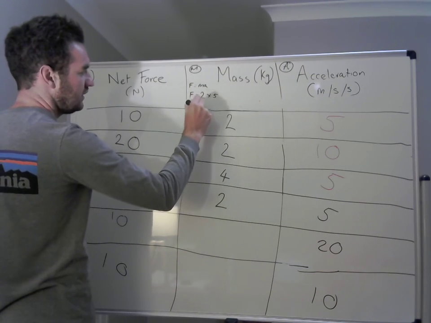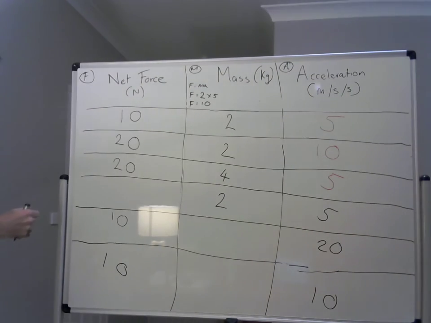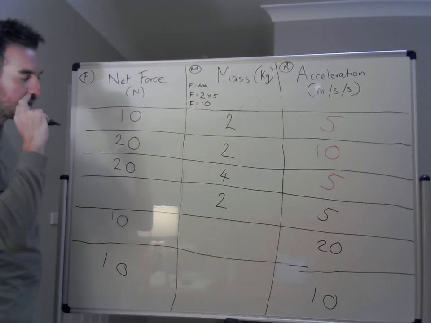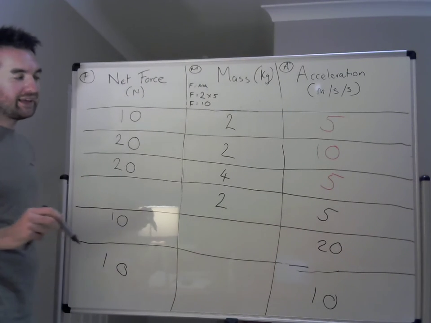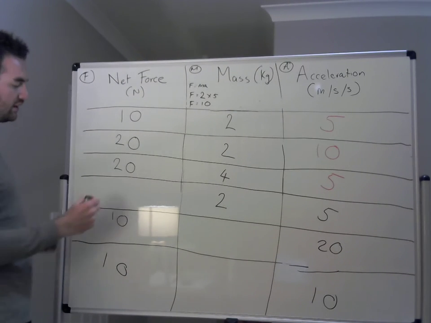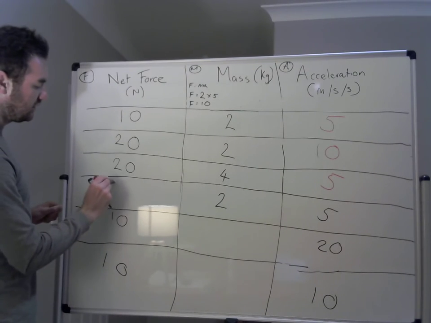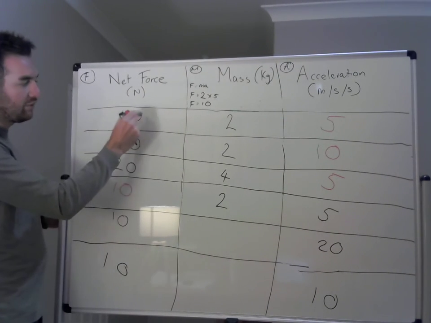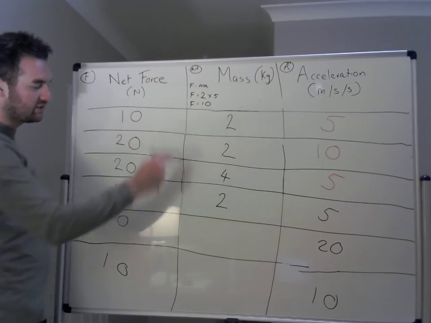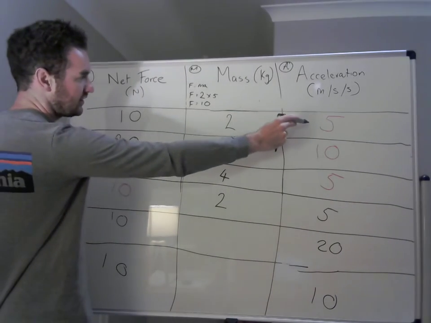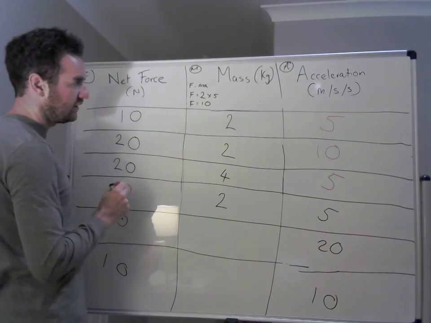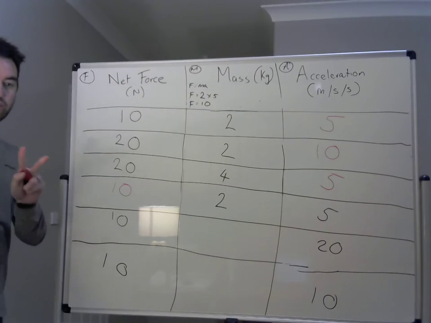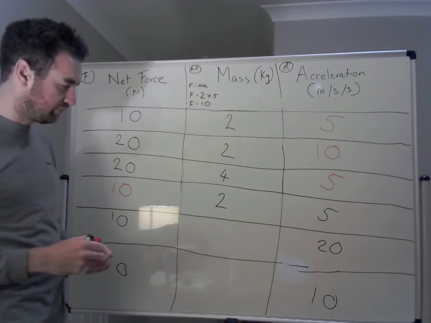F equals 10. So if we wanted to move a 2 kilogram object at 5 meters per second squared, we'd have to use 10 newtons of force. And we've actually already calculated that one up here. Okay, so that makes sense. So if you have two of those numbers, you can work out the third value.